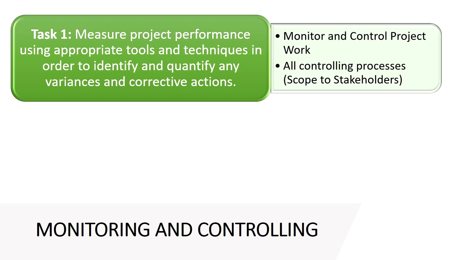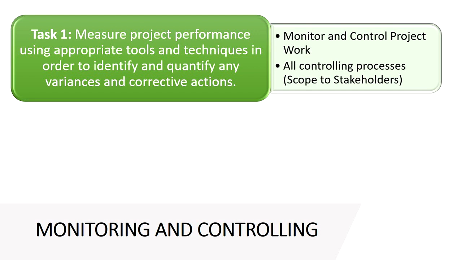So when it comes to task 1, not only should you think about monitor and control project work, you also need to be thinking about all controlling processes, from scope management all the way down to stakeholder management.